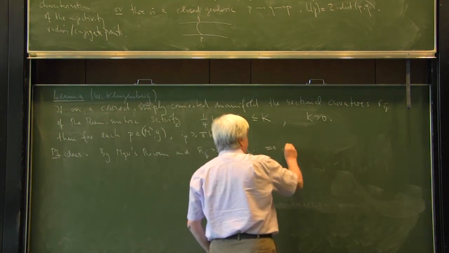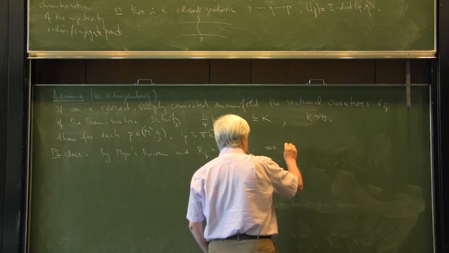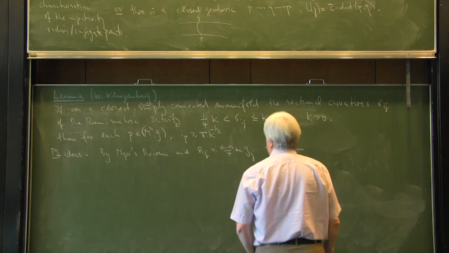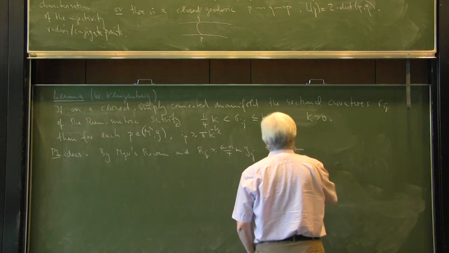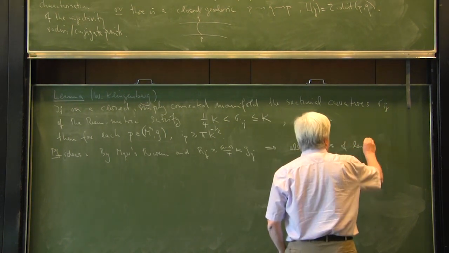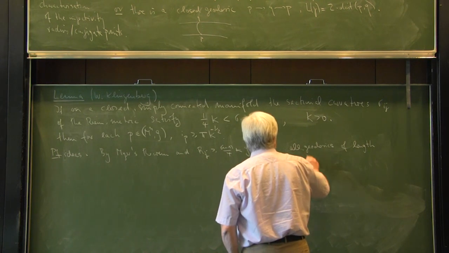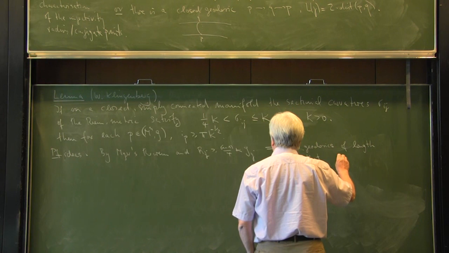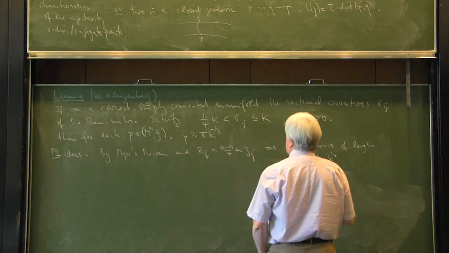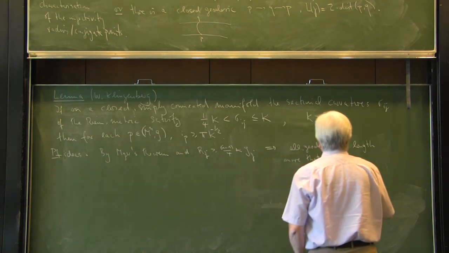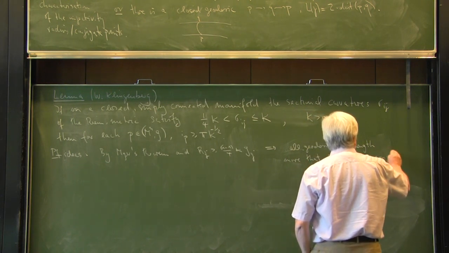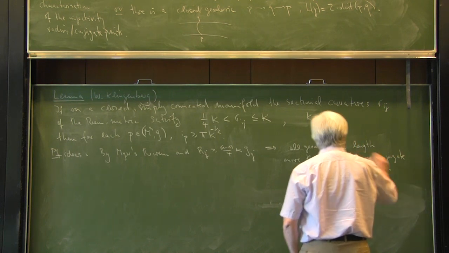You get that all geodesics, but in particular the diameter, I should say all geodesics of length more than k to the minus 1/2 times pi over 2 have conjugate points. Do I get this right?